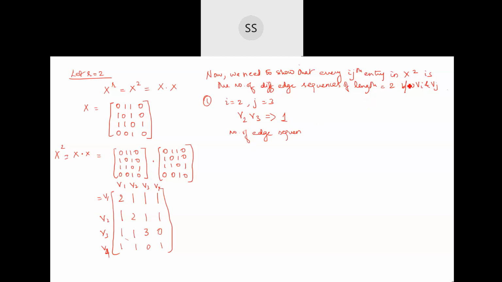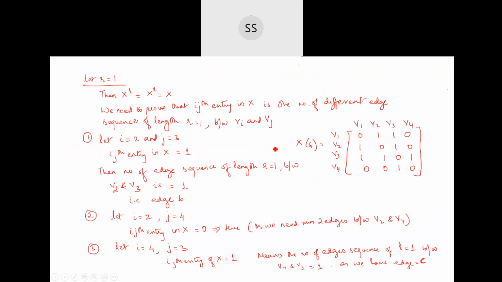Your r value is 2, children, so the number of edge sequences of length equal to 2 between v2 and v3 is equal to 1. So which is the path that we have? What is v2 and v3?